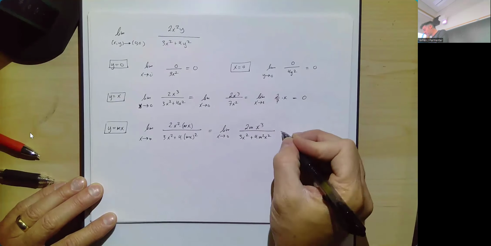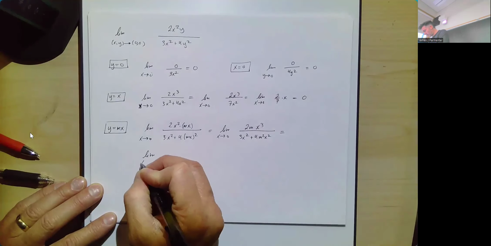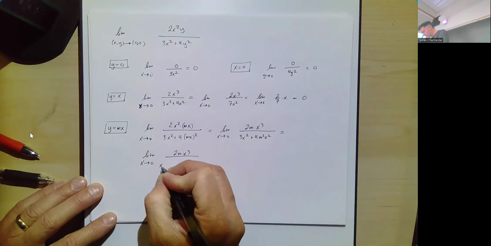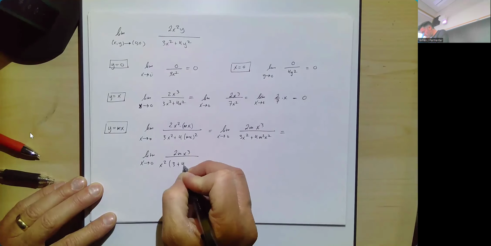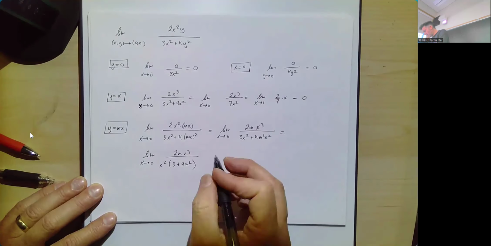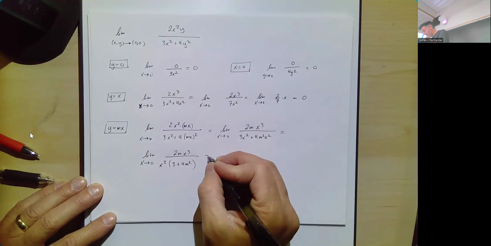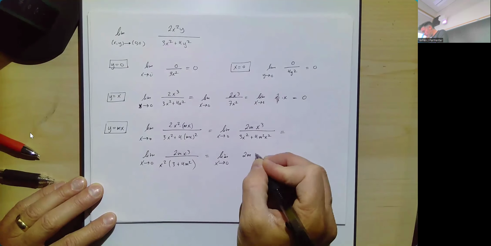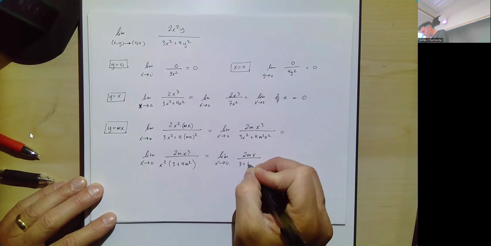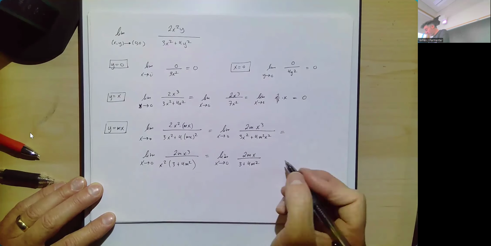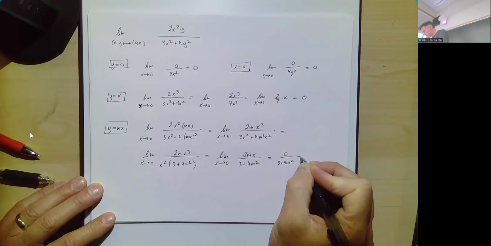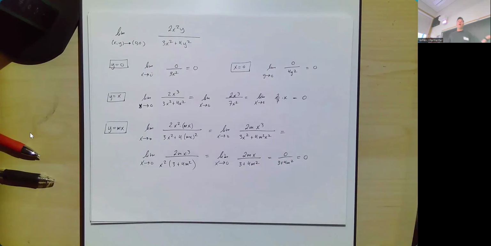And I can factor out an x squared from the denominator and get the limit as x goes to 0 of 2mx cubed over x squared times 3 plus 4m squared. And then x cubed divided by x squared is still x. So I get the limit as x goes to 0 of 2mx over 3 plus 4m squared. If I plug in 0 for x, I get 0 on top, not 0 on the bottom. So that limit is 0. So for every line that goes to the origin, the limit is 0.